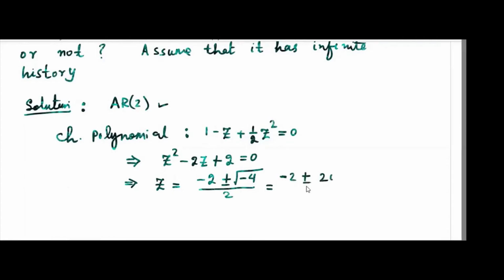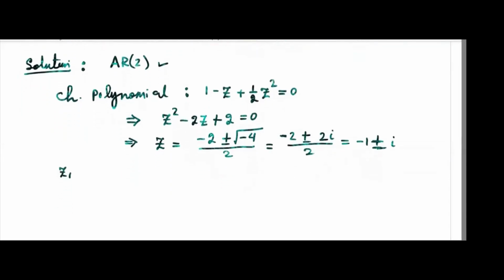You will get 2i here divided by 2, that is minus 1 plus or minus i. Okay, these are the roots of the polynomial. Now you check whether the absolute values of the roots are greater than 1 or not. Now these are complex numbers, so you can write this way. One is minus 1 plus i, a complex number. This is minus 1 minus i.